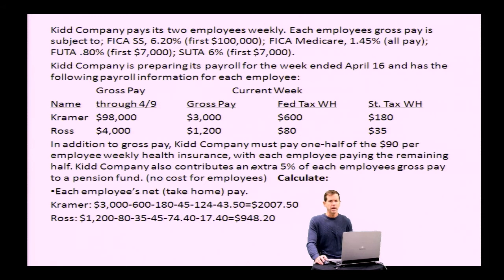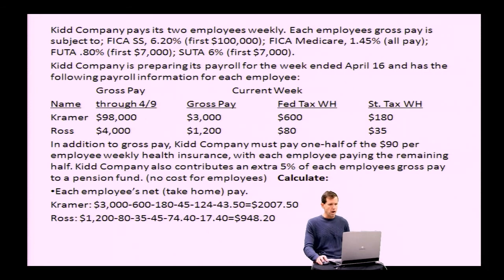And then subtract out the $45. What was the $45? Let's see, that was Medicare FICA. Subtract out the $124, which was Social Security FICA, and subtract out the $43.50, and you get a net pay of $2,007.50.